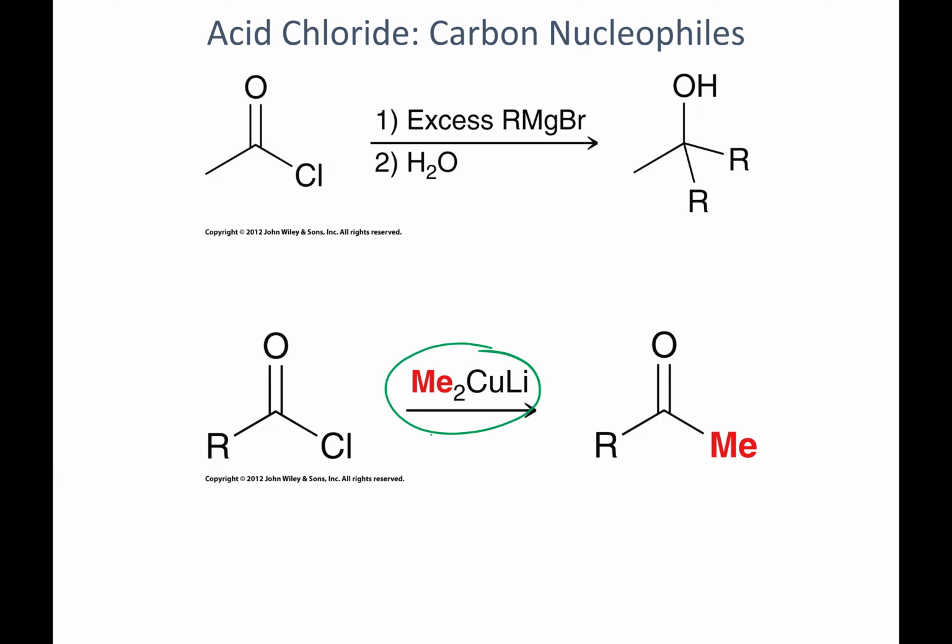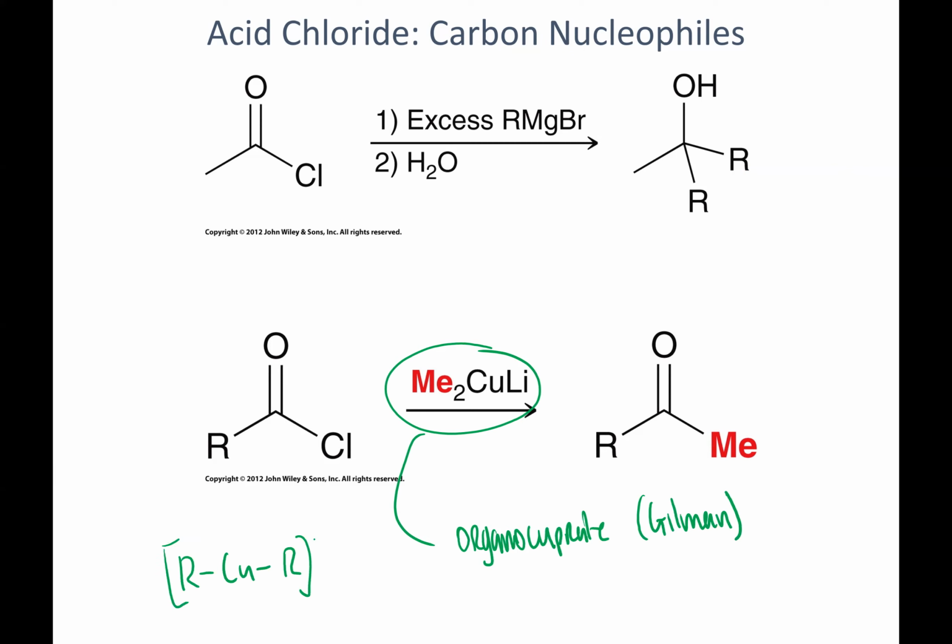This type of compound is called an organocuprate, sometimes known as a Gilman reagent. And the Gilman reagent, again, is modified. When you get the copper there, the general structure looks like this. This is what bears a negative charge, and the lithium is a counterion.